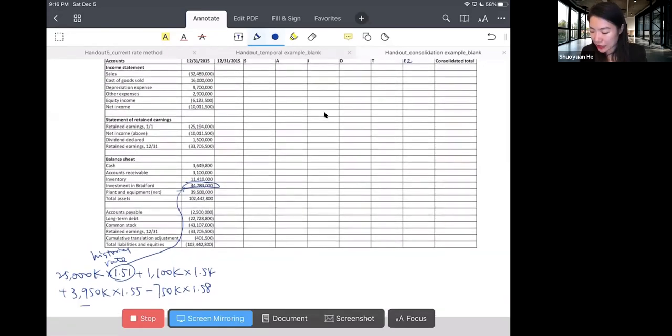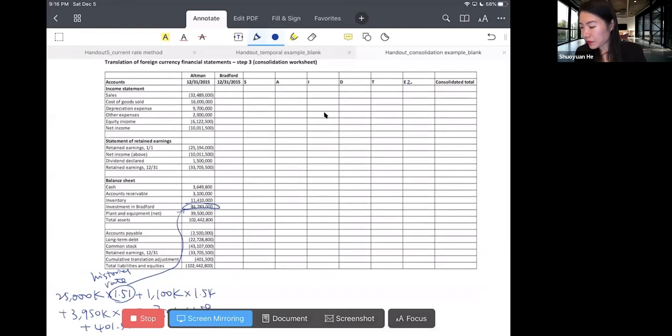And then we take 401.5 thousand, that is cumulative translation adjustment over the 2 years, the combination of the 2 years.